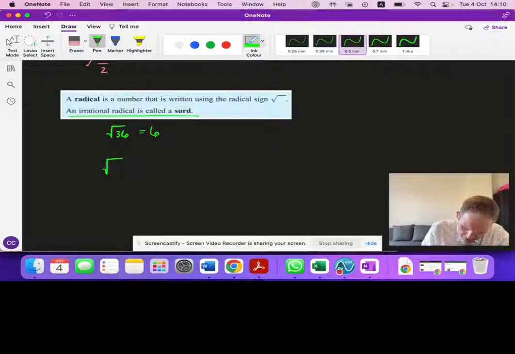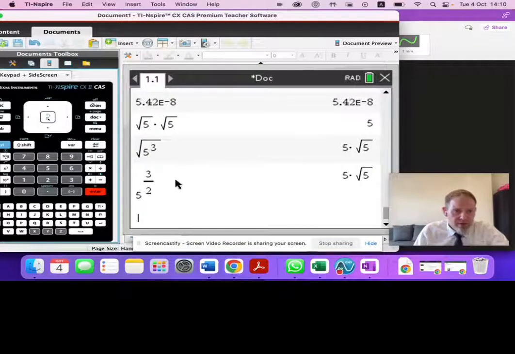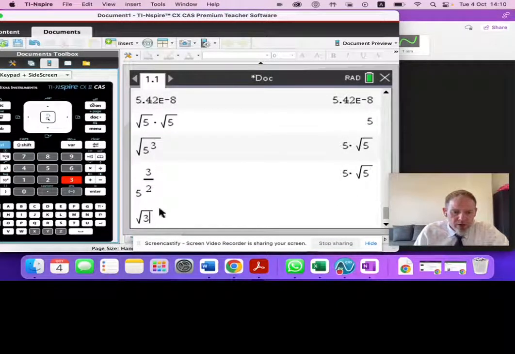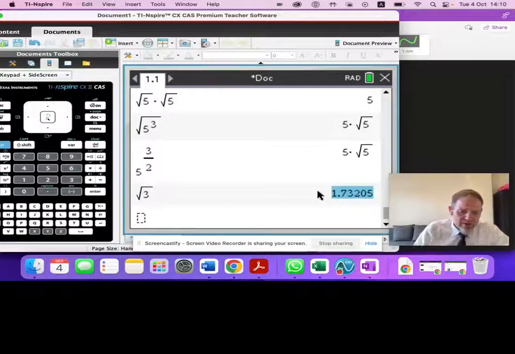So the square root of 3, that is an irrational radical. There is not a way for me to write that down. I bet you my calculator, even if I try that and do square root of 3, I'm going to have to do approximately equal to, it gives me this number. Now again, that is an estimate.